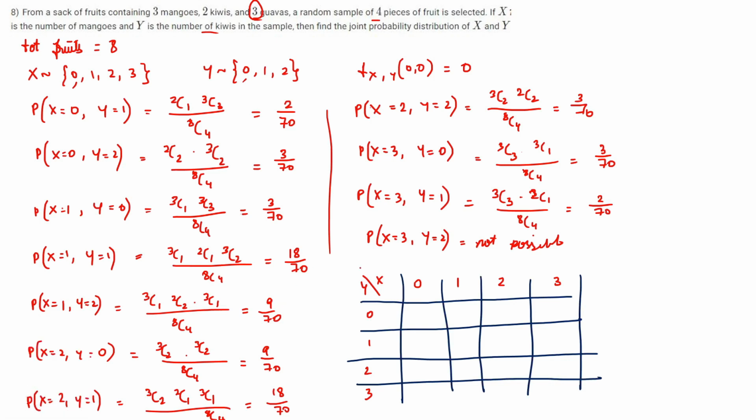Right, so we have 0, 3 by 70, 9 by 70, 3 by 70, again 2 by 70, sorry, this 3 is not here, okay, and we have 18 by 70, 18 by 70, 2 by 70, okay, 9 by 70 and 3 by 70, and this is 0.